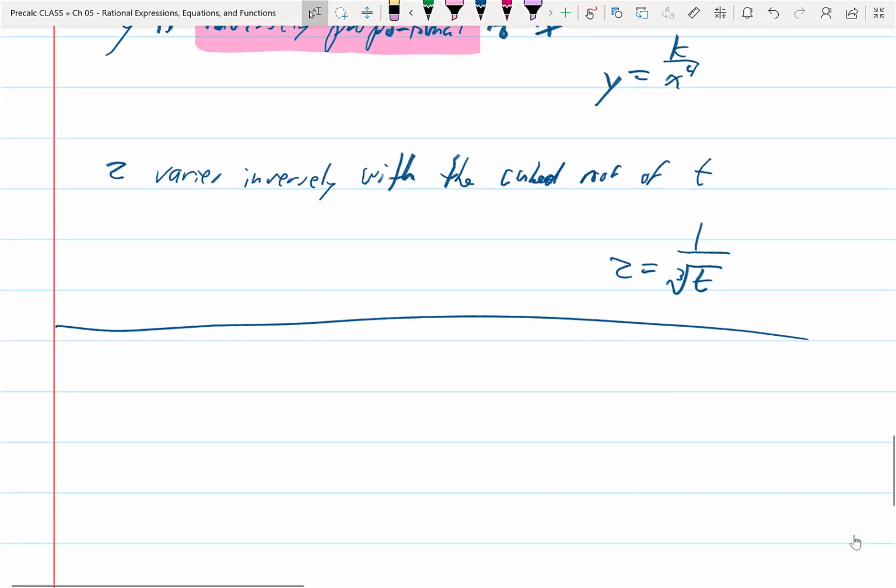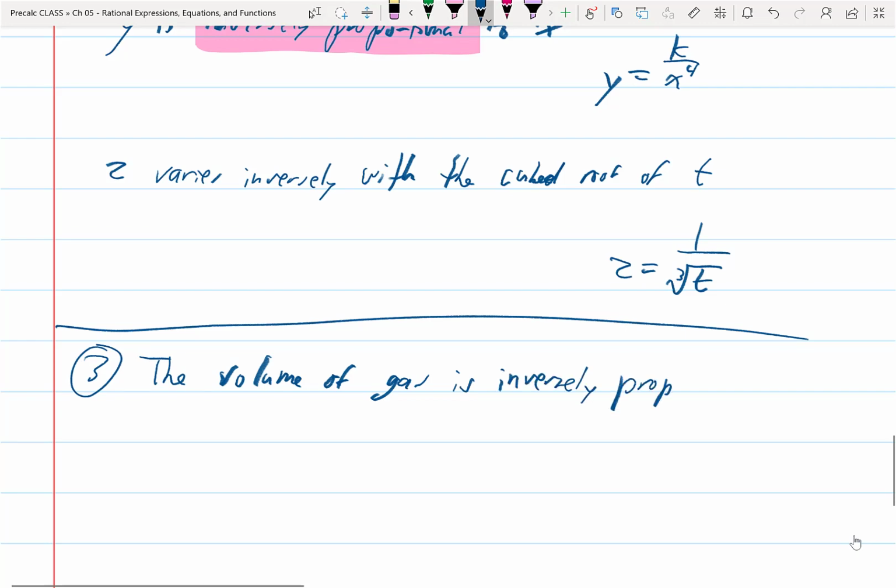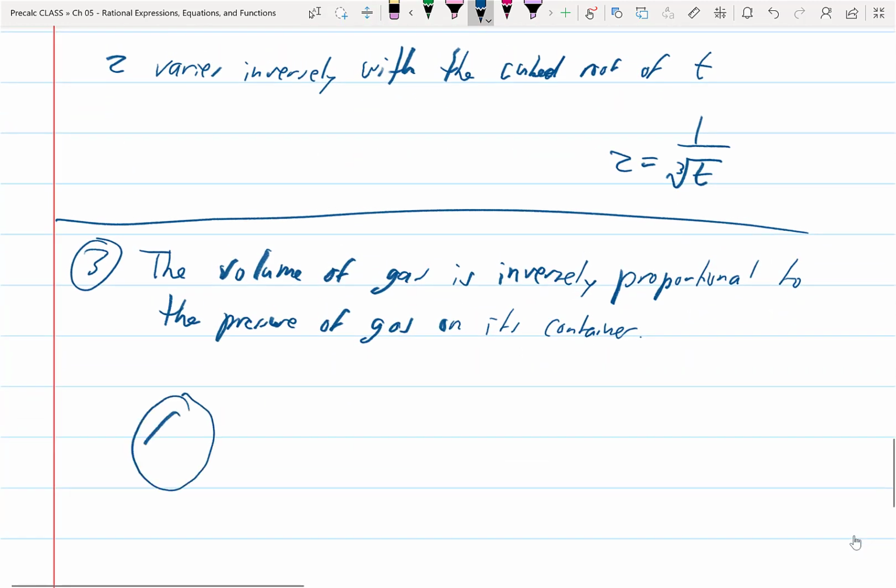So let's do another example. If I say the volume of gas is inversely proportional to the pressure of gas on its container. So I have a balloon with some gas inside, and I have pressure working its way outside.